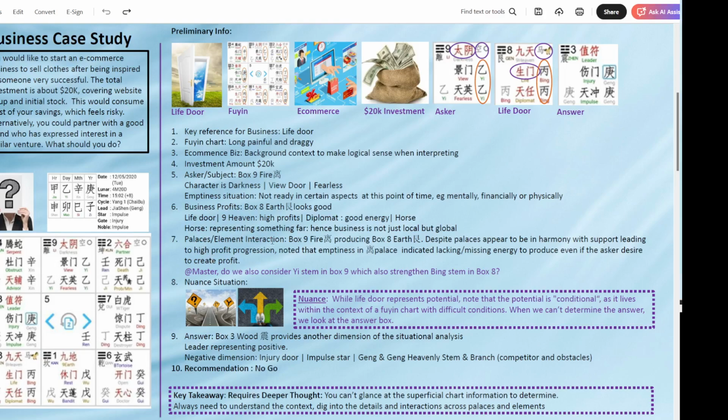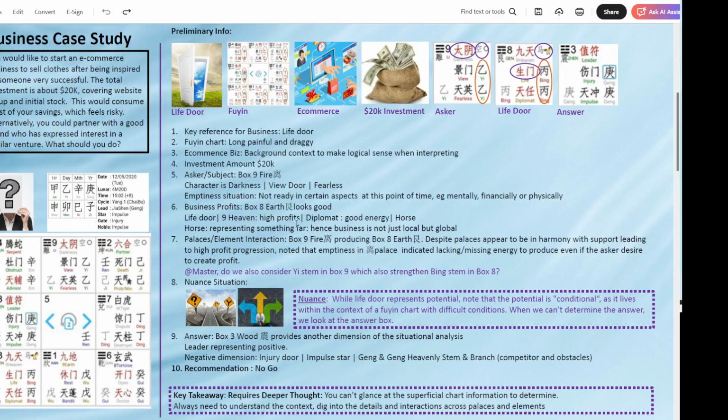Okay, so the asker is in box 9, Li Palace, and it is actually producing to box 8, which is the business itself. So it makes sense.